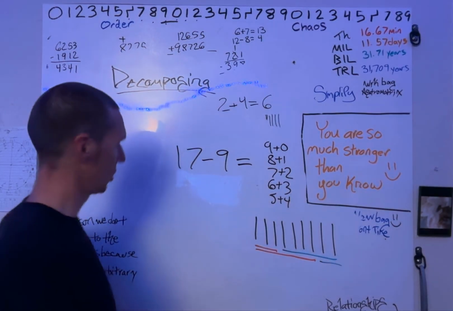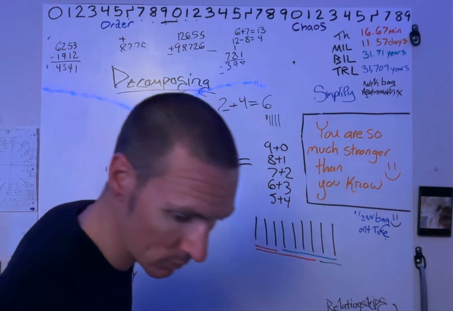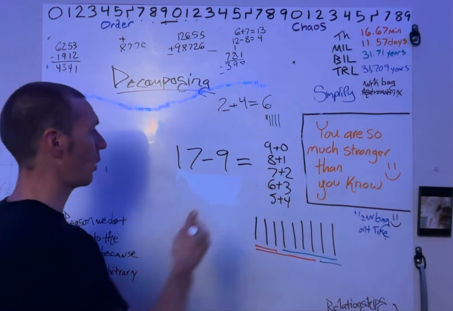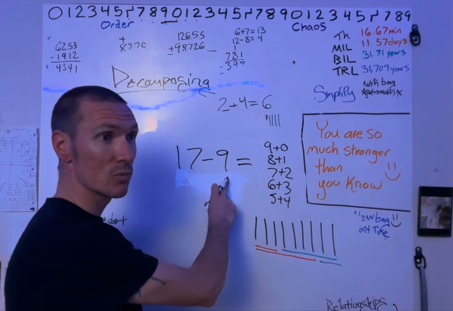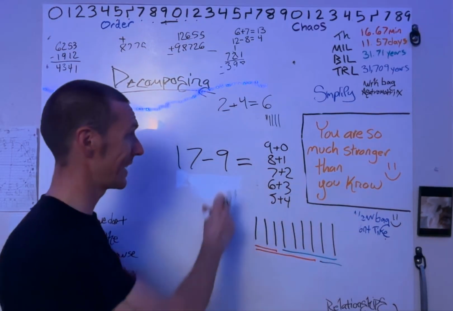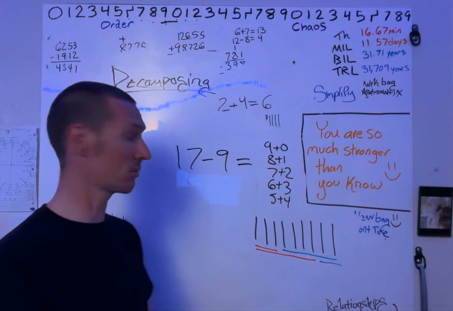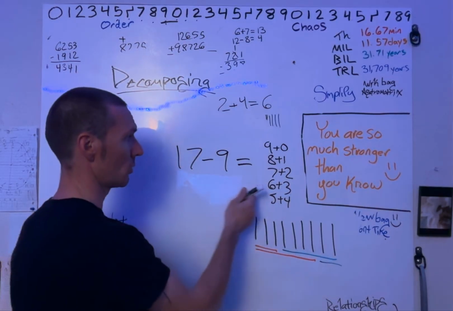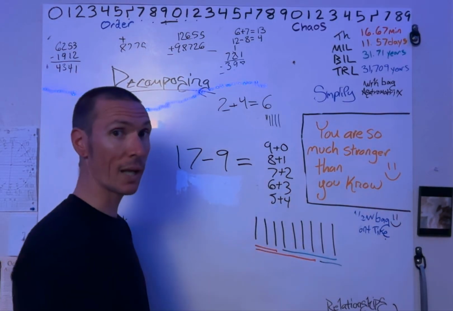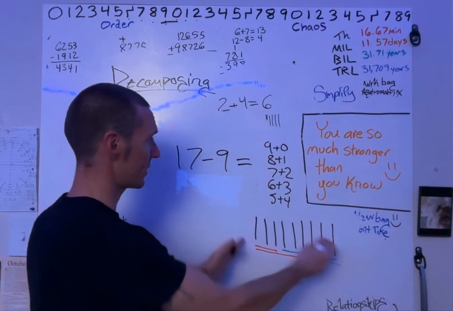Okay? Well, how about we decompose this 9 and make it easier to work with this 7? So, what way can I group 9 ones together?